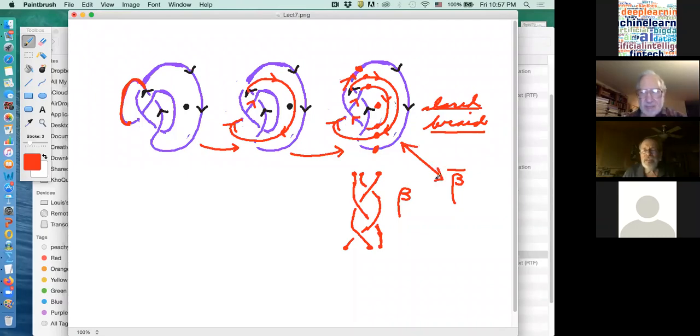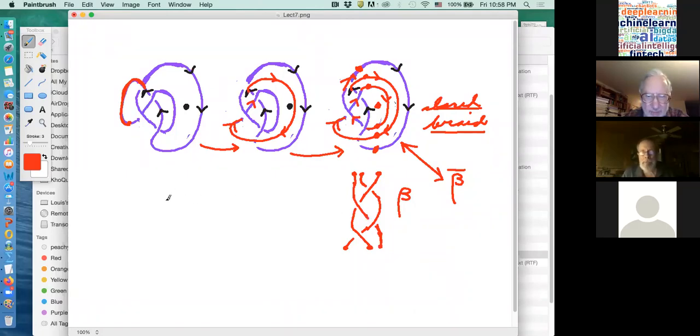Okay? So you see, once you get it circulating, then you can cut it somewhere and open it up, and you end up with a braid. This isn't exactly the braid we started with. It must be related to the braid we started with, close to the same knot.